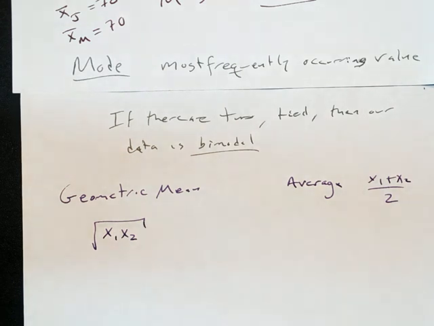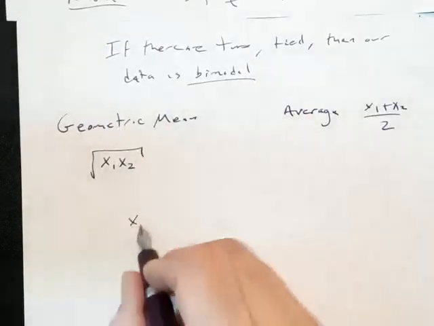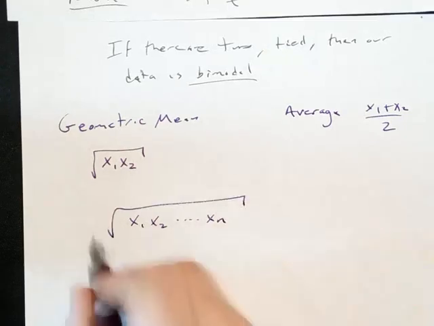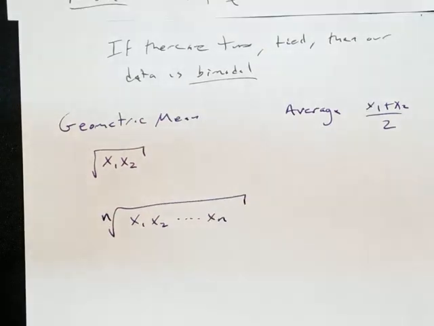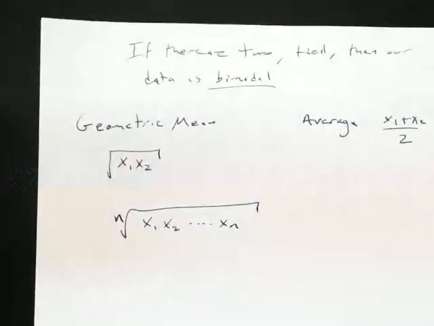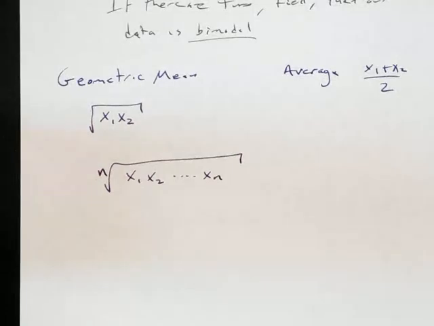If I had more than 2 things, I would multiply all of them, and then I would take the nth root. Now, this is a very different type of average. It's still mathematically valid, but it has very different behavior.